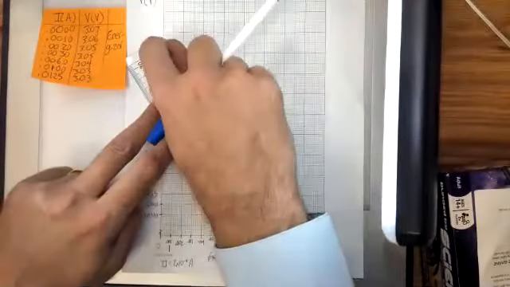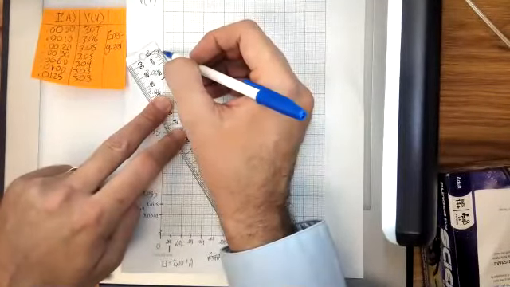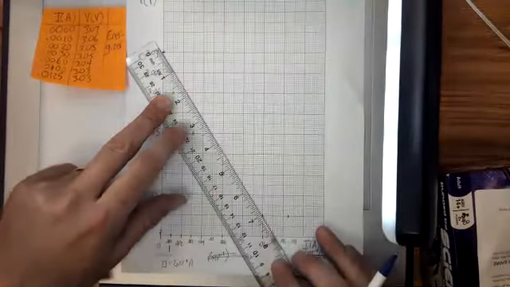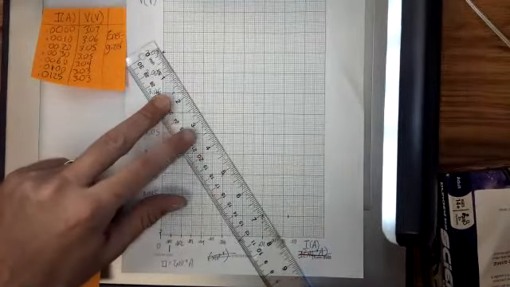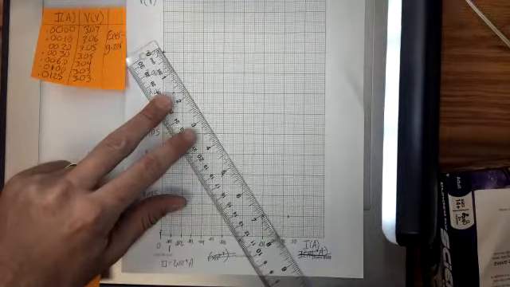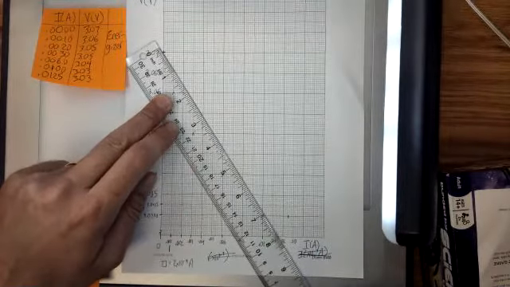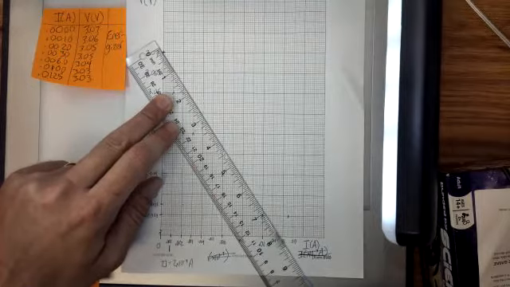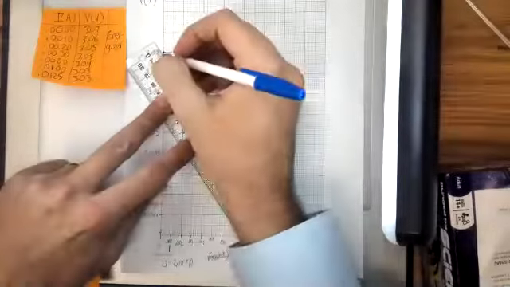In other words, I want my y-intercept to be this, because I know that's a data point. Maybe the trend suggests the EMF isn't that, except we know it is because we measured it. So I'm going to commit to this one.